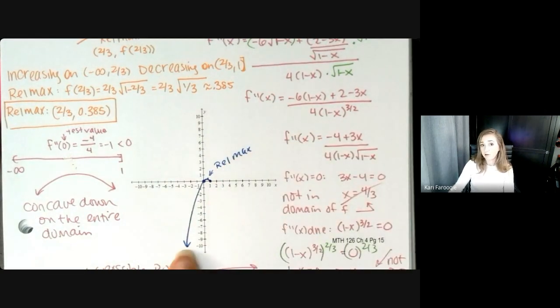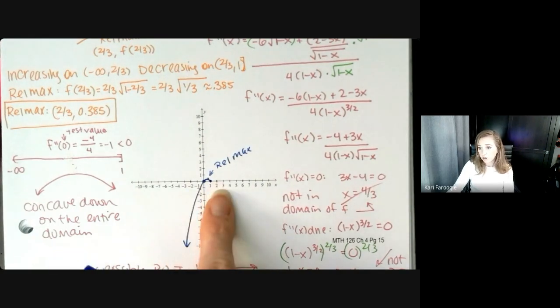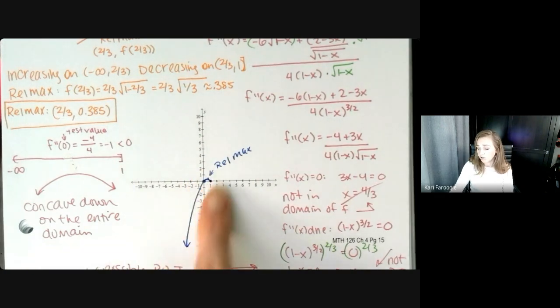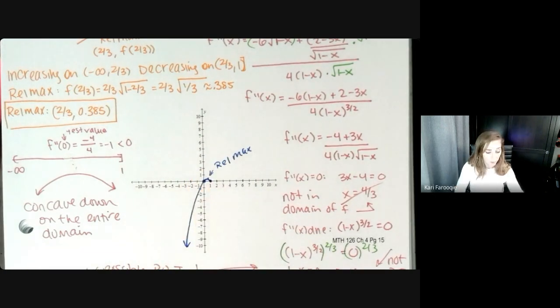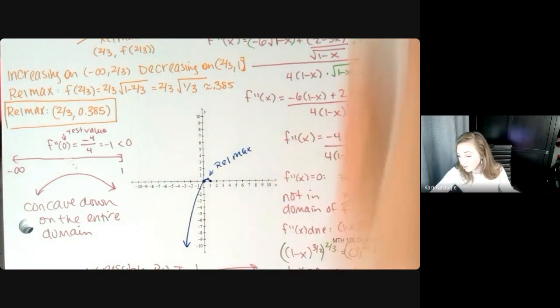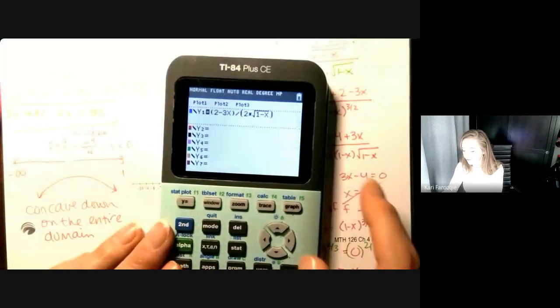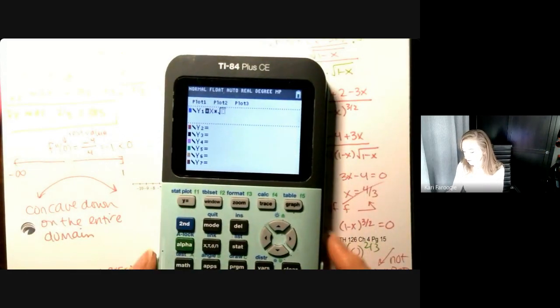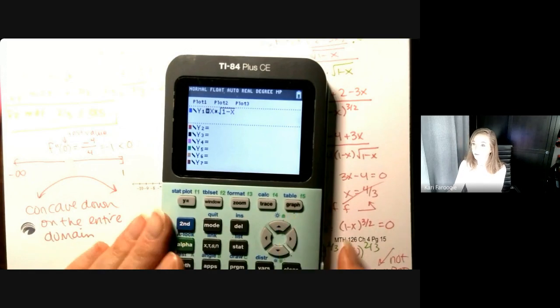The arrows down here indicate that this behavior continues. It's concave down on its entire domain. It's increasing up to the relative max, and then it starts to decrease until you get to that final value. We'll put this in our calculators and check to make sure that our graph matches. I know it's not that interesting of a graph, but it kind of is because there are these little tiny things happening.